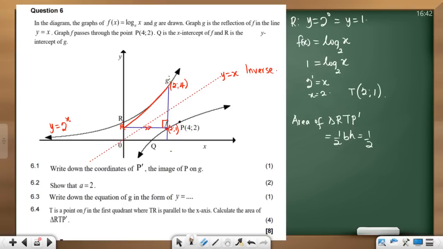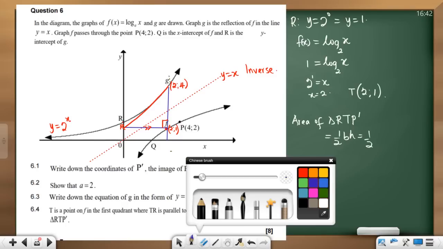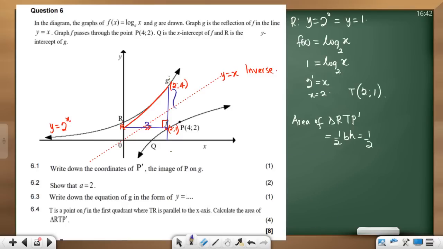What is the base? This becomes my base, which is 2. And the height is here, 4 minus 1, which is 3. My answer is 3 units squared. Makes sense. Diagrams are not drawn to scale.